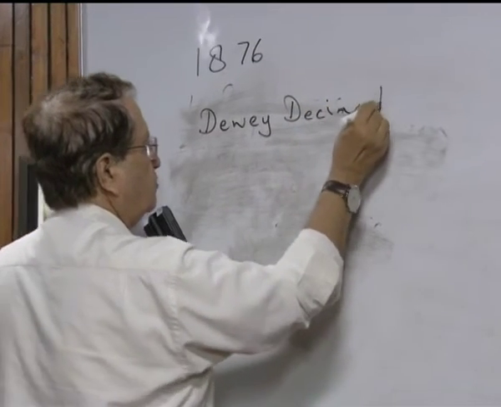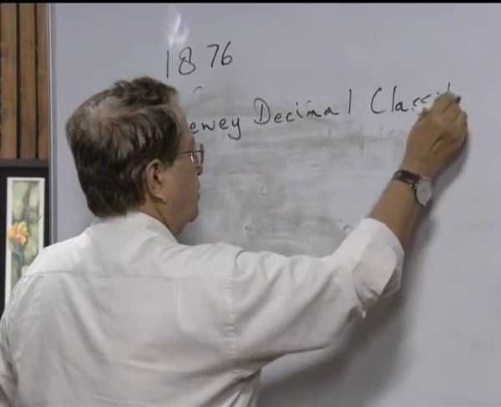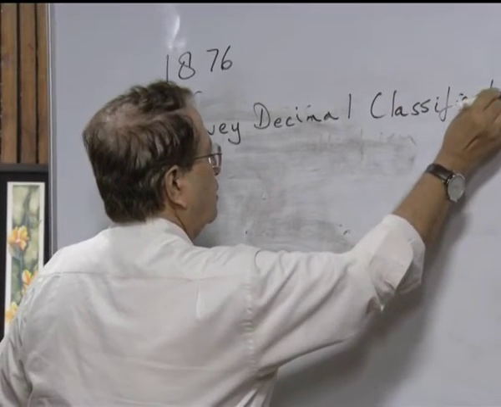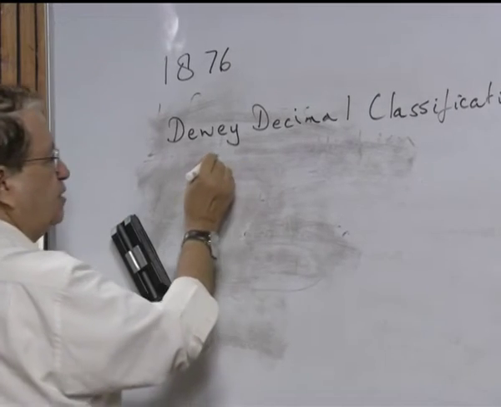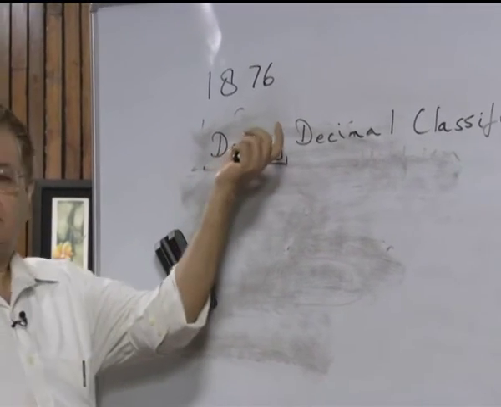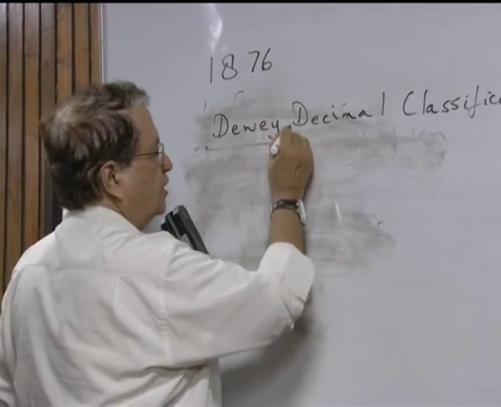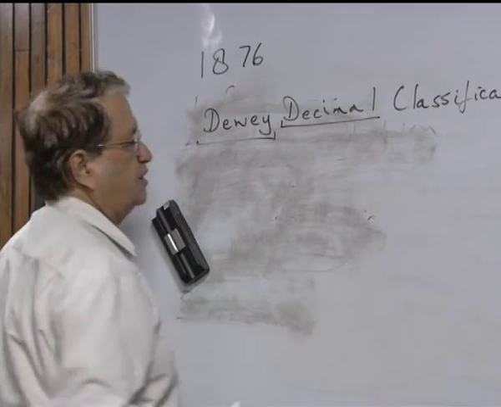Here, what was important was the word decimal. Since the classification became very widely used, the name of Dewey was attached to it, but what he had originally come out with was a decimal classification.